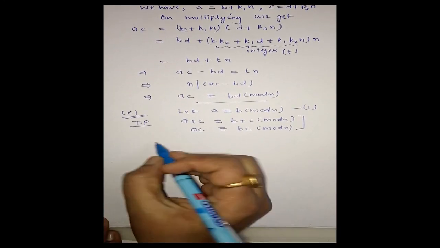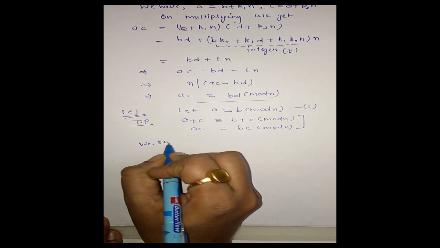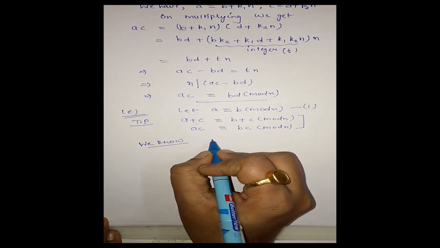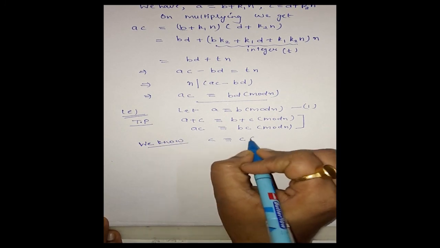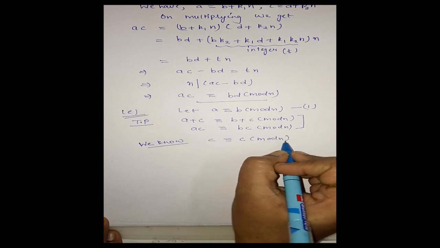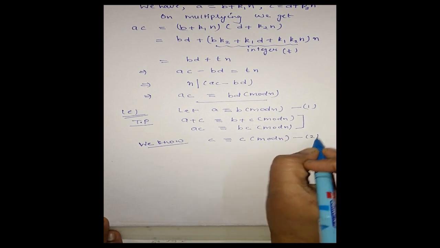Now, we know from part A, the reflexive property, that C is congruent to C modulo N. Mark this as equation number 2.